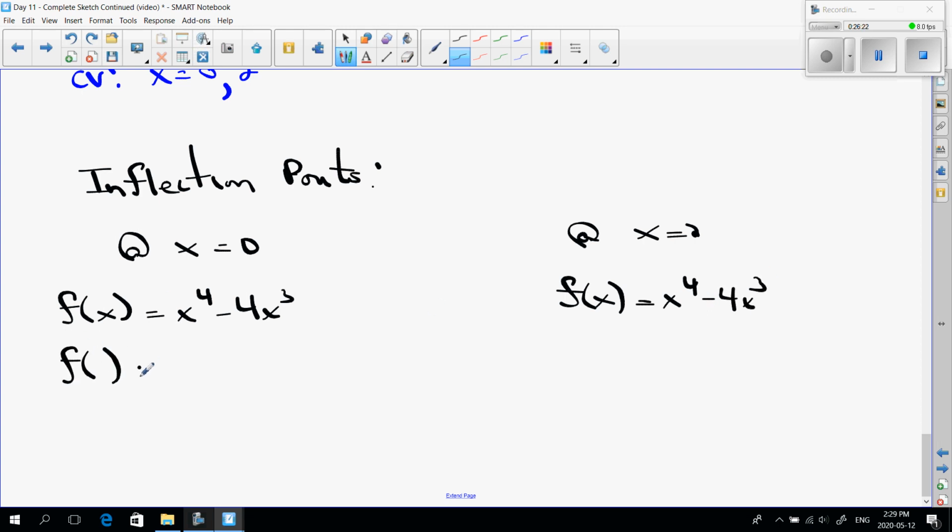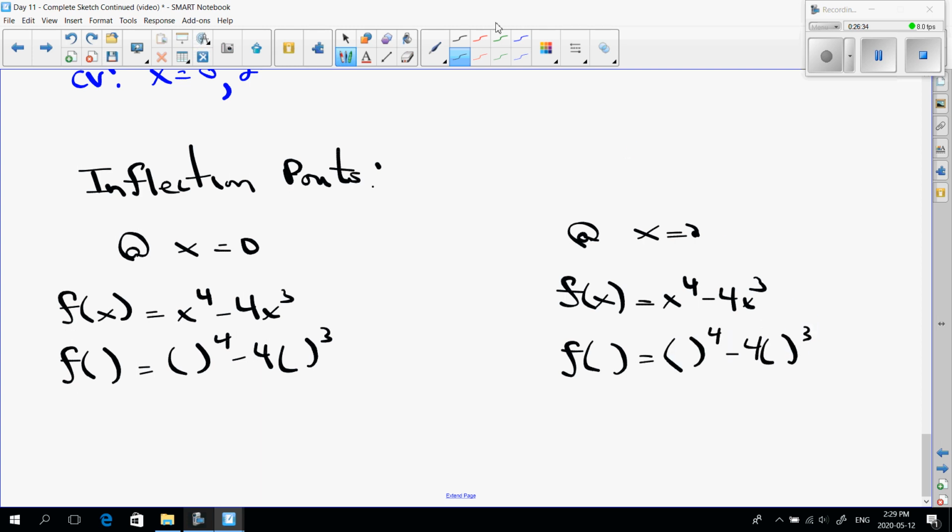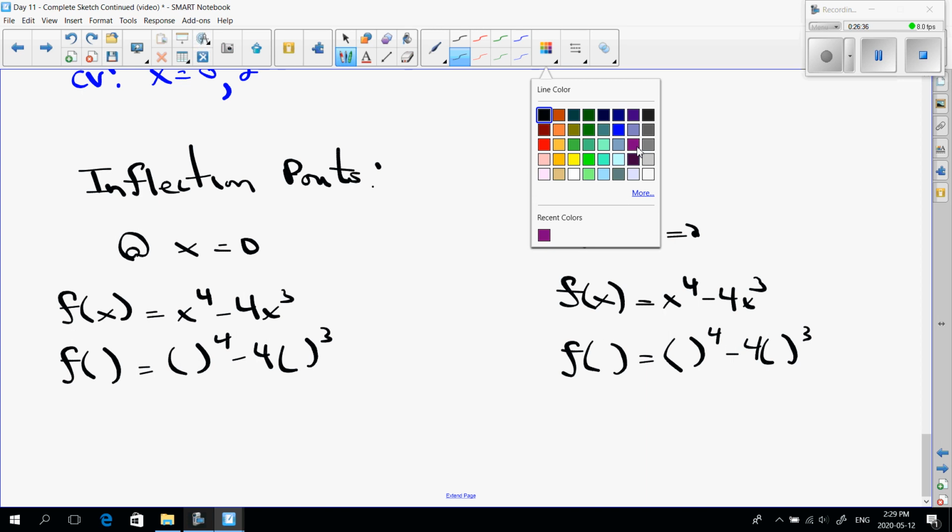So first thing I'm going to do is plug a 0 in for x. We've already done this calculation twice when we were doing our intercepts, but it's all good. I'll show it again. And here I'm going to plug in a 2. So let's go with 0.